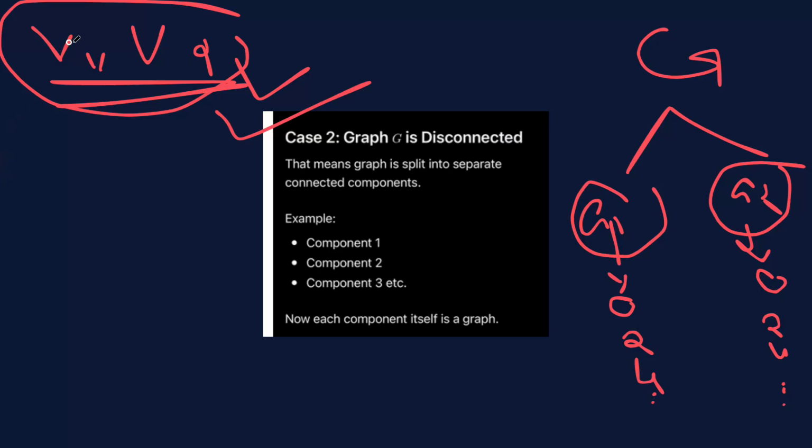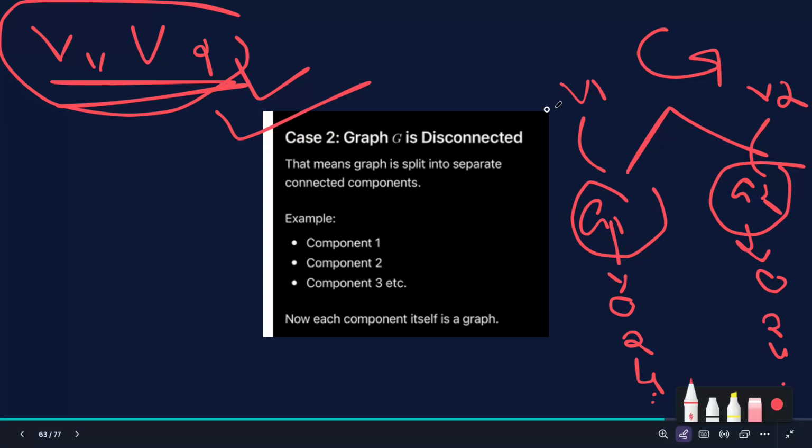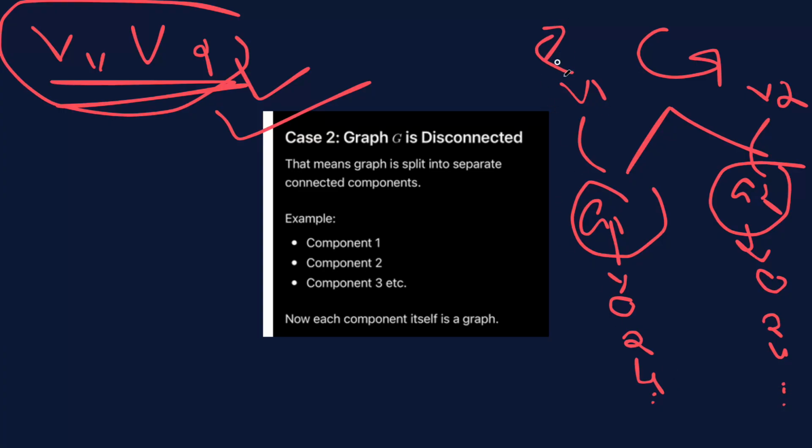That is, we cannot say that in G1 there would be 1 vertex and in G2 there would be 1 vertex. We cannot say that, because we know in G1 there should be an even number of odd degree vertices. If only V1 is in G1, then that means what?